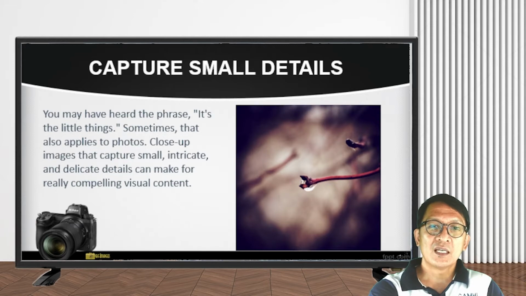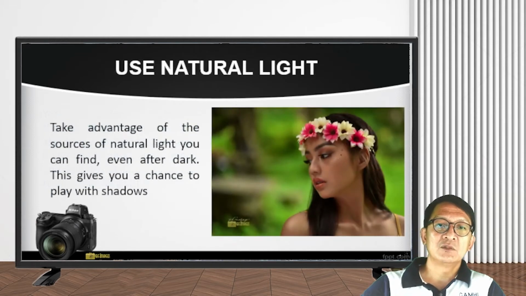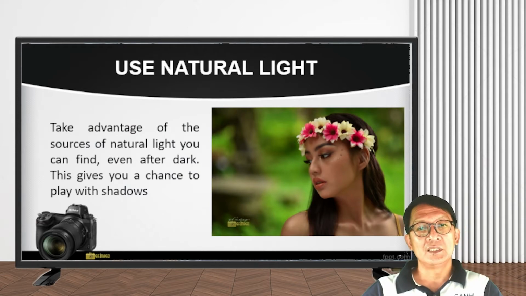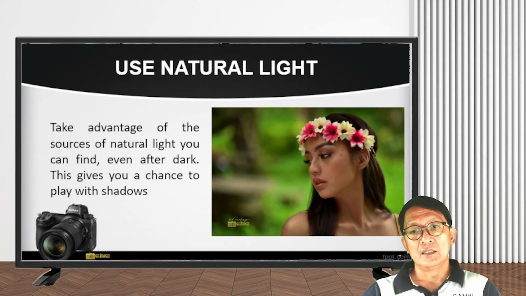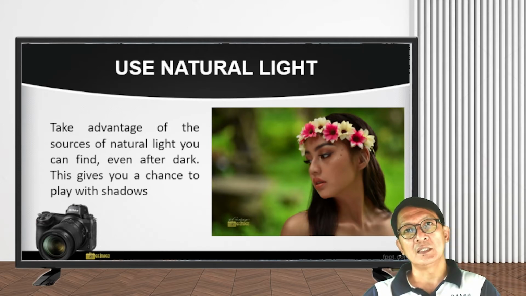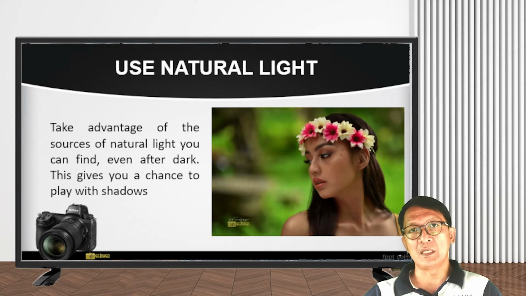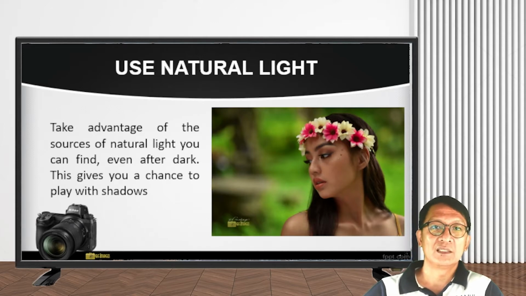So, use natural light. So, take advantage of the sources of light you can find even after dark. That gives you a chance to play with shadows. Ayan. The ideal time for shooting using natural light is between 5 a.m. and 7 or 8, 5 hanggang 8 a.m. Then afternoon naman, siguro mga 4 p.m. to 6 p.m. hanggang sa may liwanag pa.